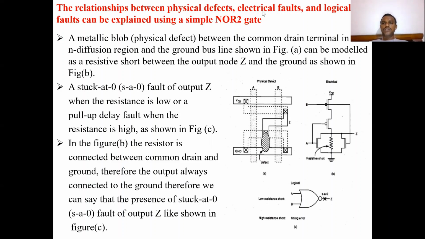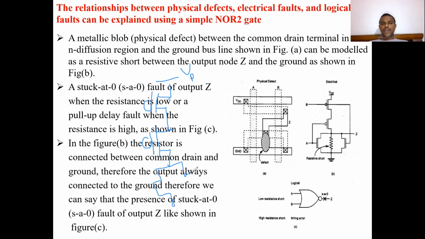Generally its structure will be like this. The PMOS transistors are connected in series, and both the NMOS transistors are connected in parallel.